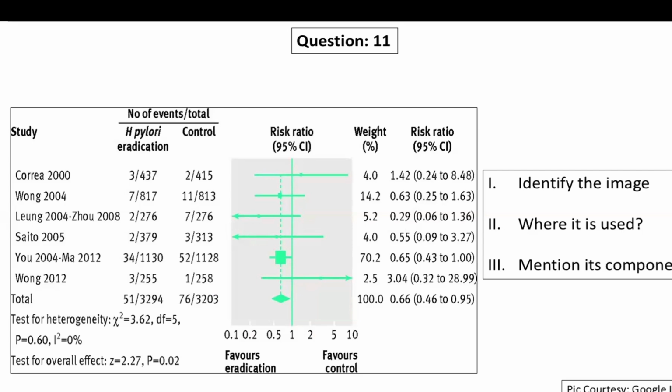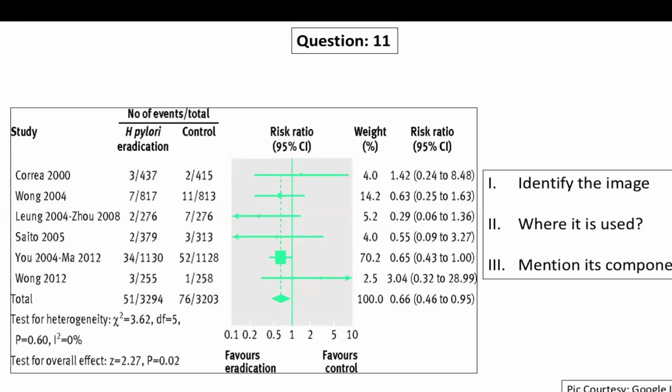Shorter lines mean a more precise study, and longer lines mean uncertainty is there. Then there is a square, which is the point estimate. The size of the square reflects the weight of the study. If the square is bigger, it means the study has a larger population and more weightage.